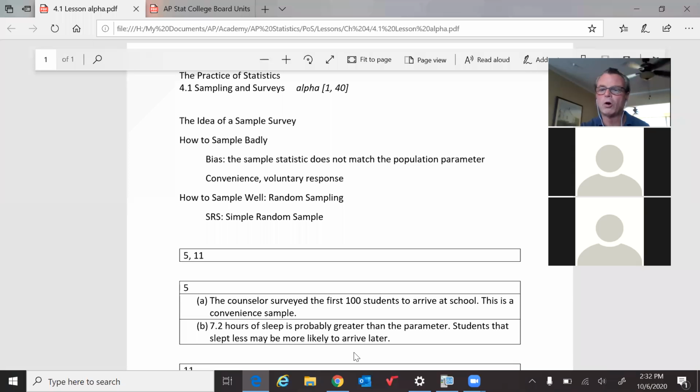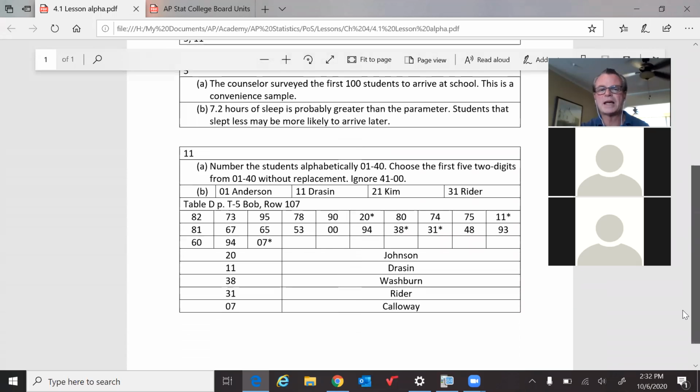All right, so we're moving on to problem 11. And 11 says this: you want to pick 5 students randomly from 40. How could we do this? Okay, so the textbook takes us through using a specific row in the back of the book, and we're going to complement that by going to the calculator.